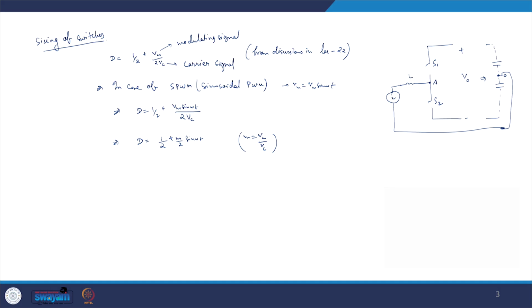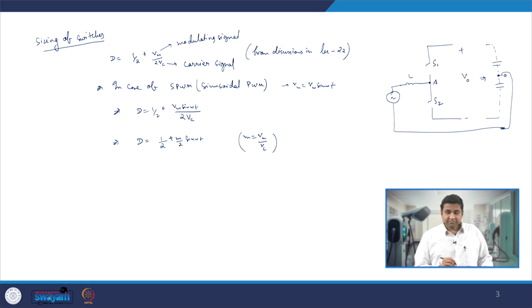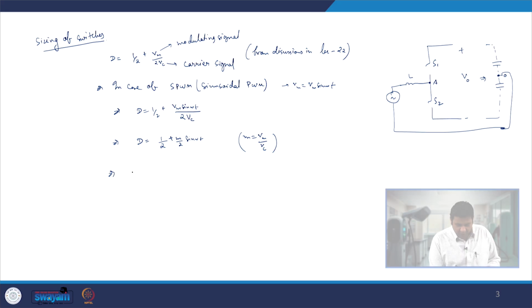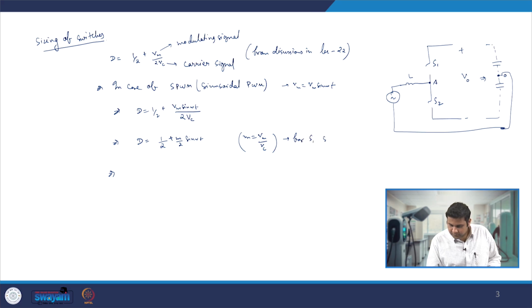So now what we see is that the duty ratio of S1 is defined by 1 by 2 plus m by 2 sin omega t, and we will switch the S2 switch for 1 minus D, and that is nothing but 1 by 2 minus m by 2 sin omega t.